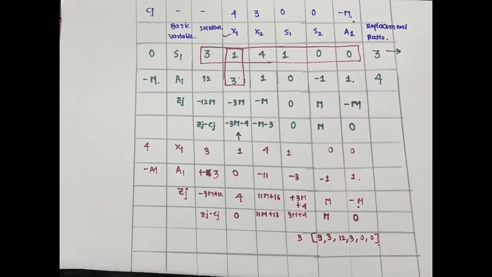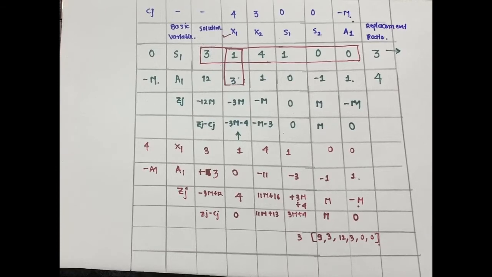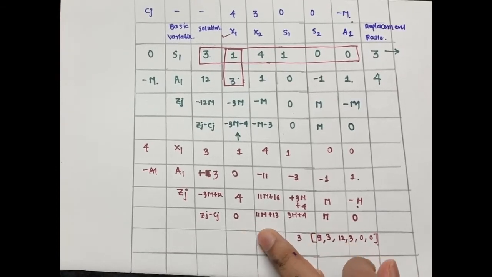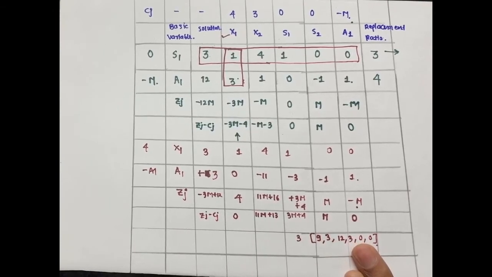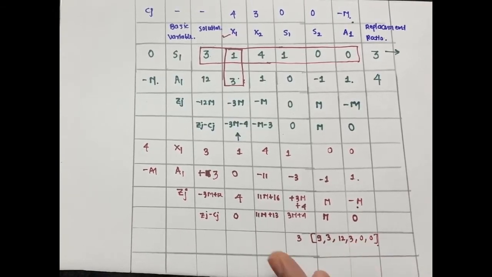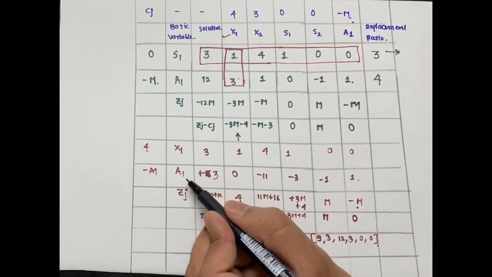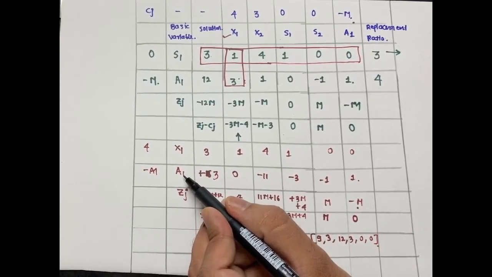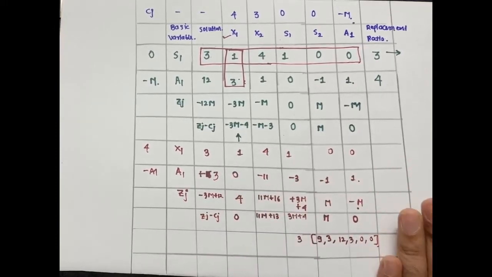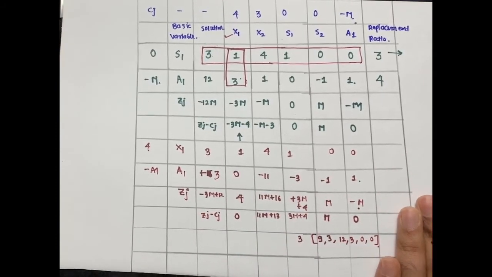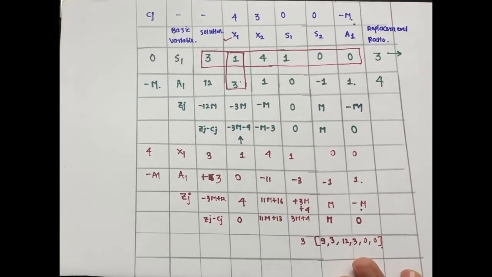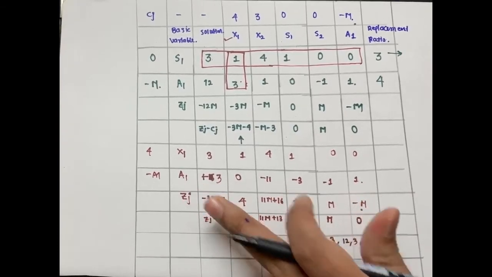So what is happening over here, if we pay attention, is that we do not have any variable which is our leaving variable in this case, but still in your solution cell you have a presence of a1. So we have reached the optimum solution, but at the same time the solution is infeasible.